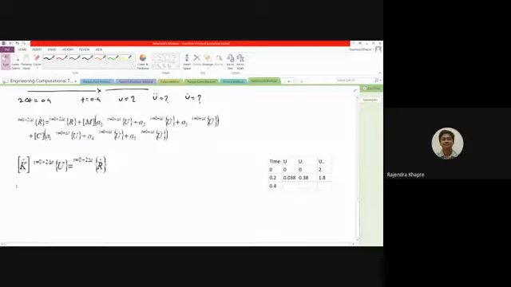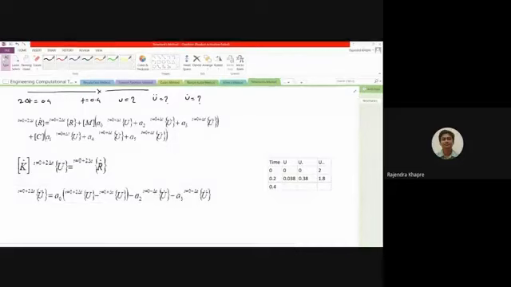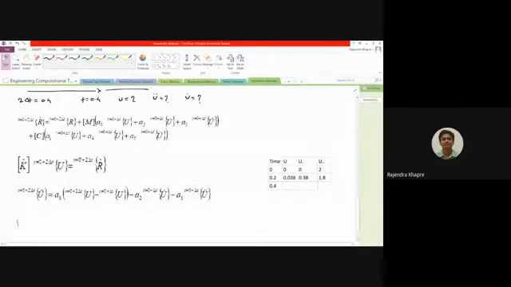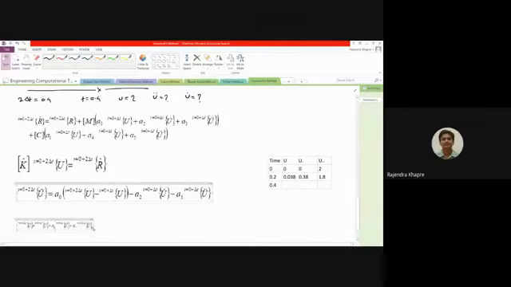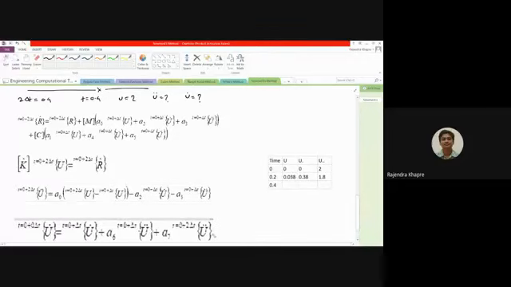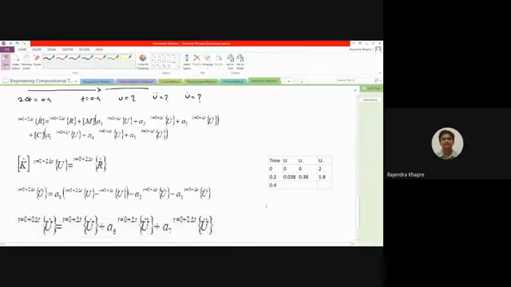Lastly you can use another expression as the velocity expression. All the expressions are there in front of you.